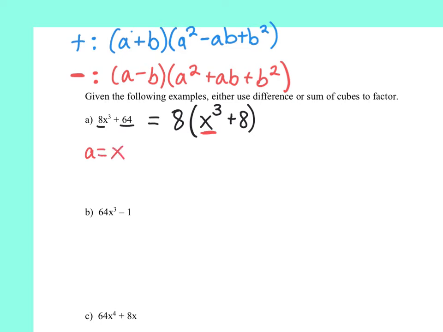Yep, just 1x. Does 8 have a cube root? Yeah. What is it? So b is 2. Is this a sum or a difference of cubes? Sum. So I need to plug in these two values to this formula up top.